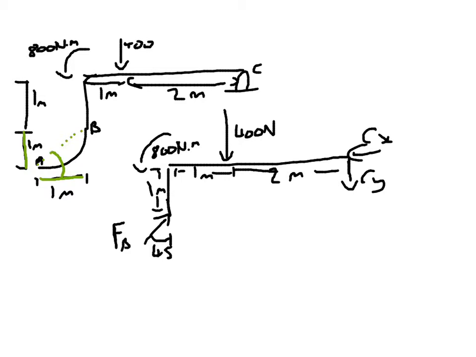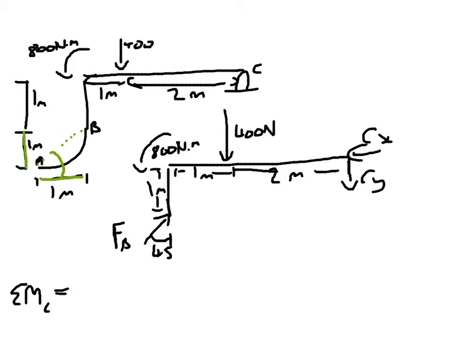The first thing we do, well, the easiest way, I need to call that FB, don't I? The easiest thing to do first to ignore our two unknown C forces is to take moments about C. So if we take the sum of our moments about C, that's going to equal FB sine 45 times 1.